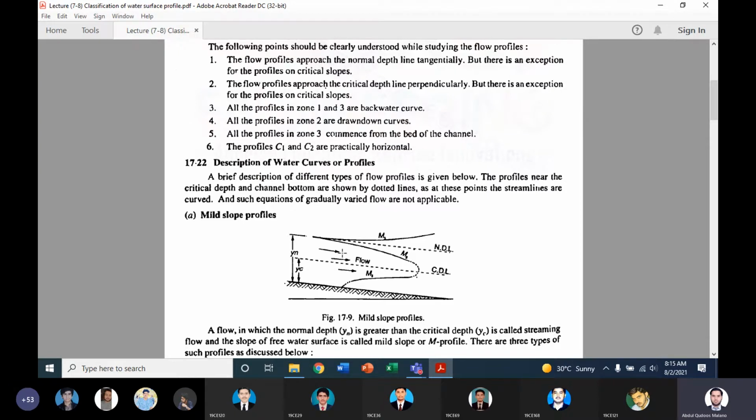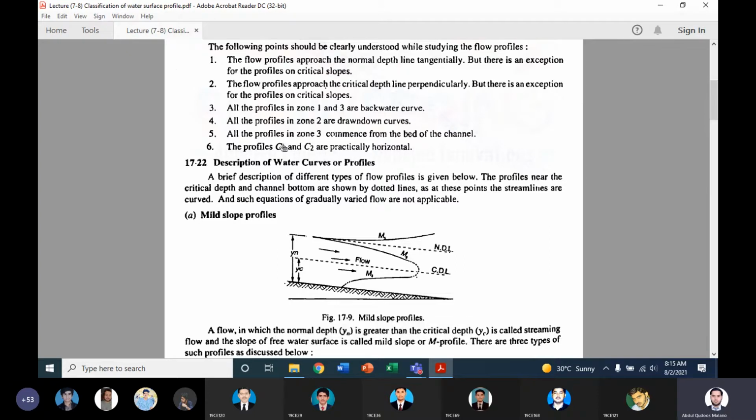It means in zone 2 we'll see that the curve is going to decrease in the direction of the flow. Okay. Then the third point is all the profiles in zone 3 commence from the bed of the channel. It means कि यहाँ पर आप जो depth देखेंगे या curve जो initiate होगा in zone 3, this will start from the bottom. ठीक है. These are the three important points to be kept in mind.